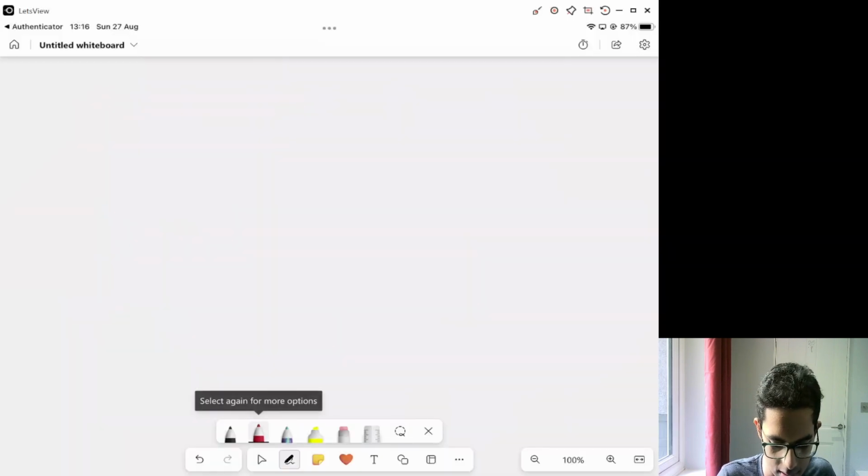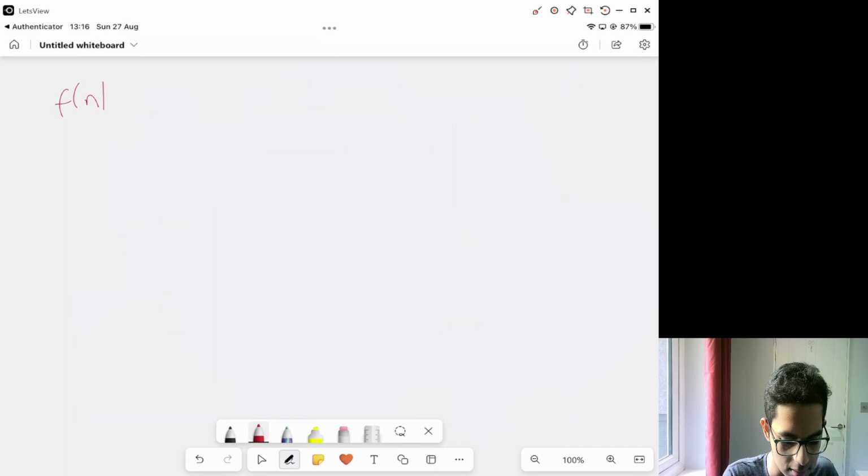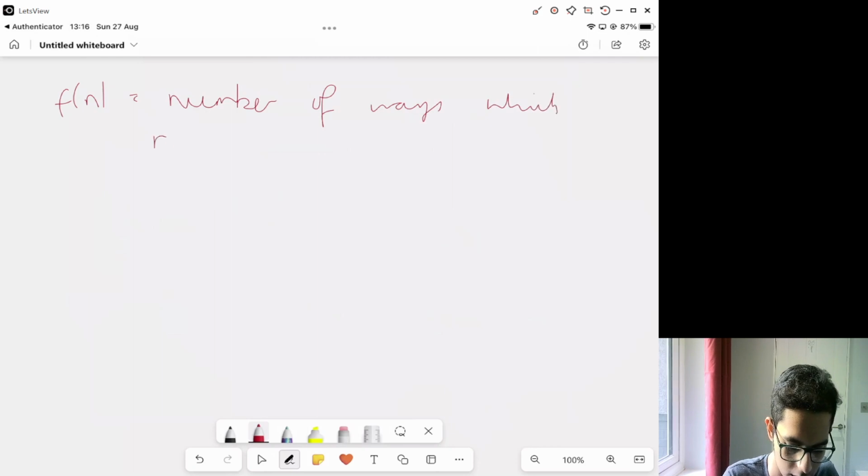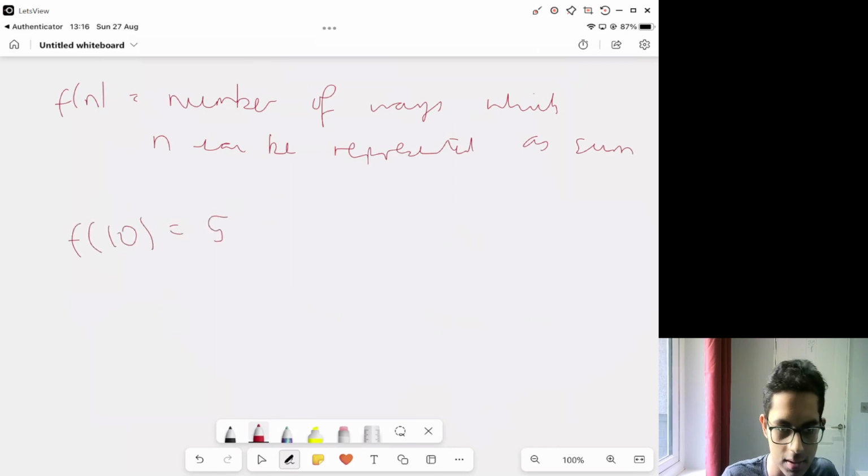So it makes sense to start off by defining some f of n, which is the number of ways in which n can be represented as a sum of primes. And the question has basically told us that f of 10 is equal to 5, because there are exactly 5 ways in which 10 can be represented as a sum of primes.